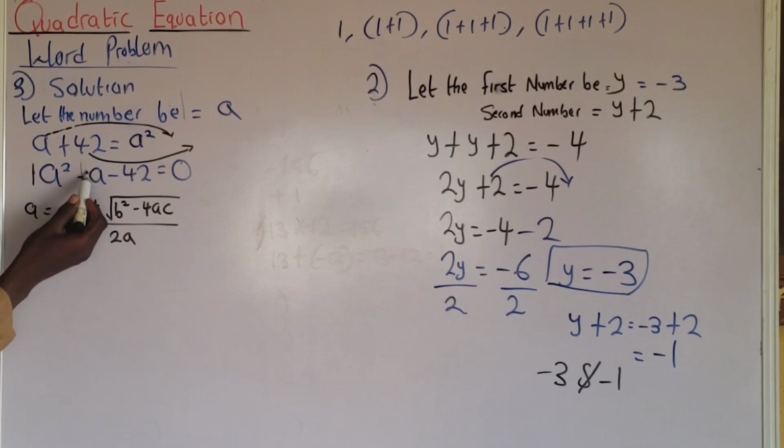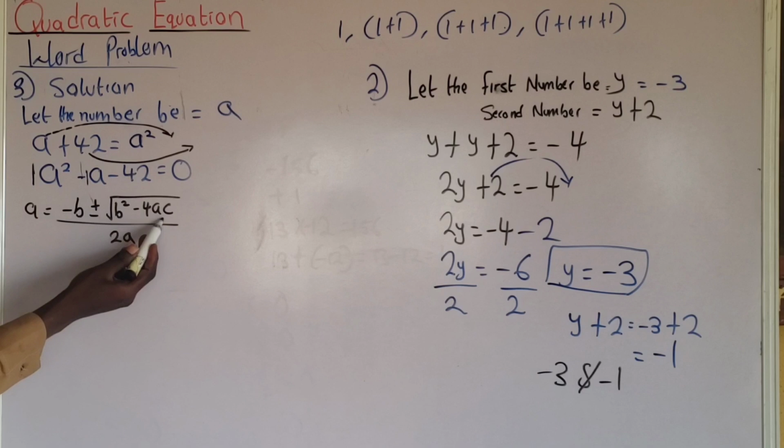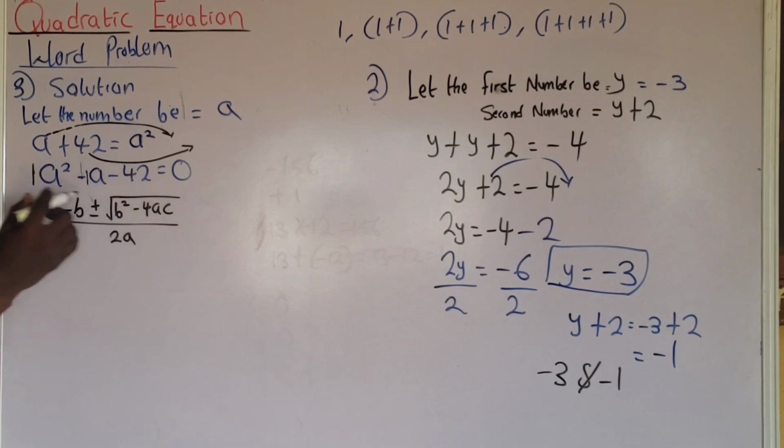And c is the constant term, which in the quadratic equation is negative 42. Please, all you have to do is pay attention. These are simple things that you have to understand. We learned this in our previous class, so I didn't expect you to find it difficult.